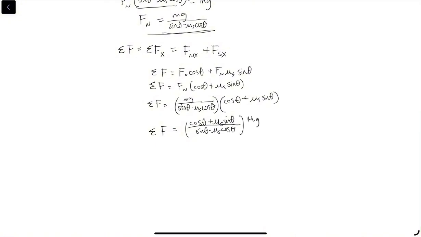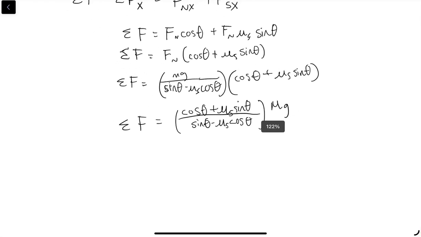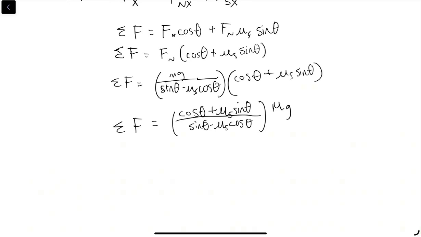And then the thing is, this is the correct answer, but it's not totally simplified. So what we can do is multiply everything in the parentheses by 1 over sine.